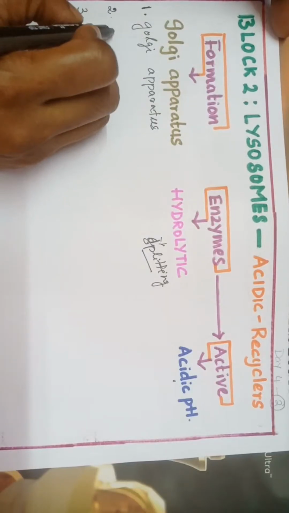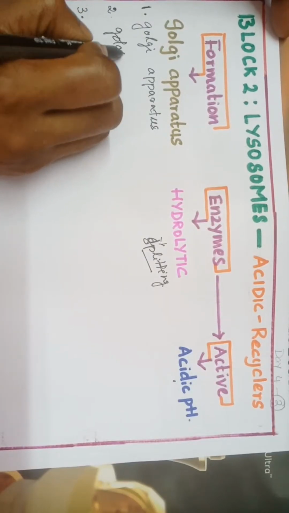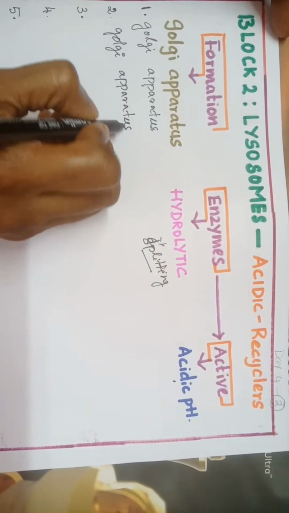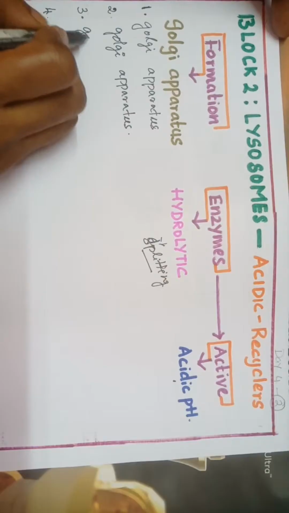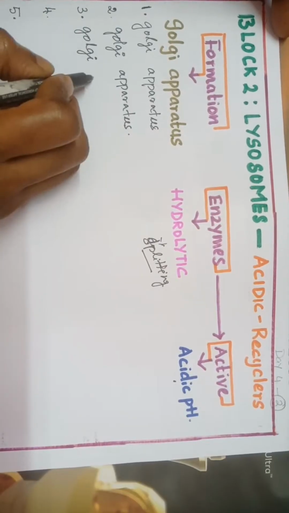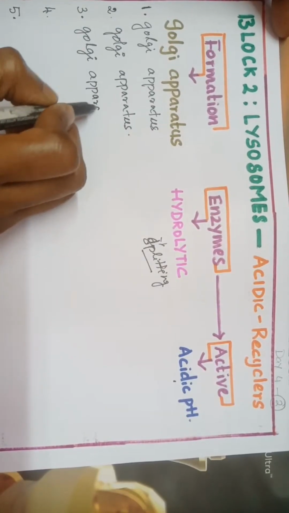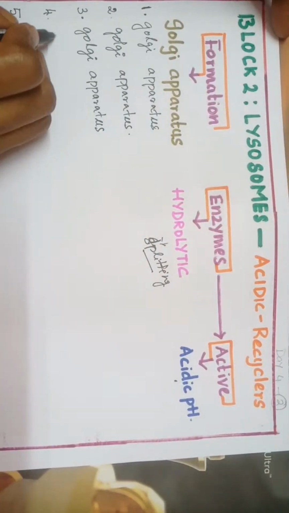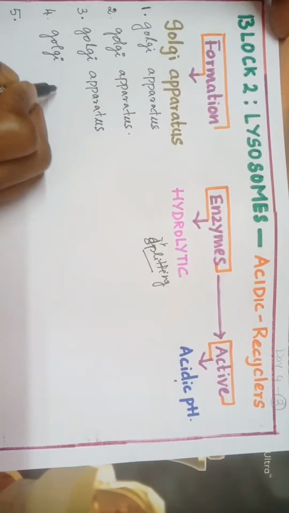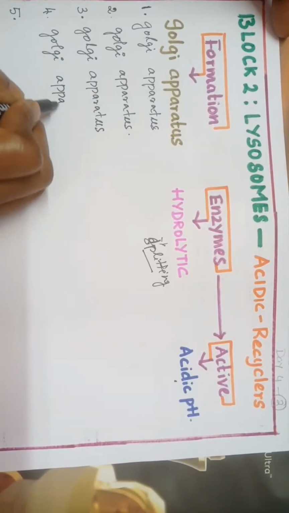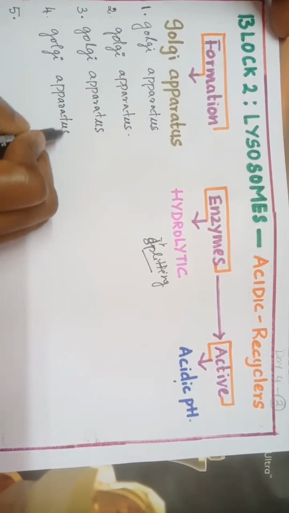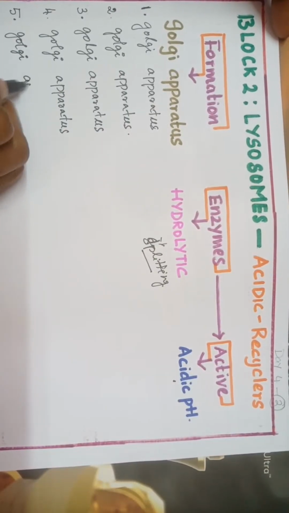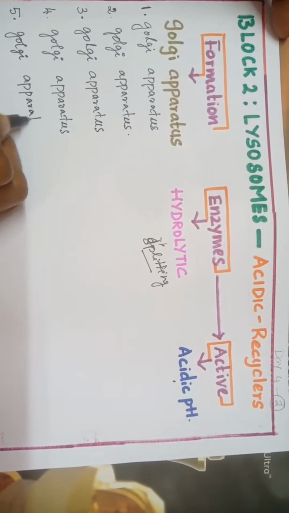So lysosomes are formed by packaging in Golgi apparatus.